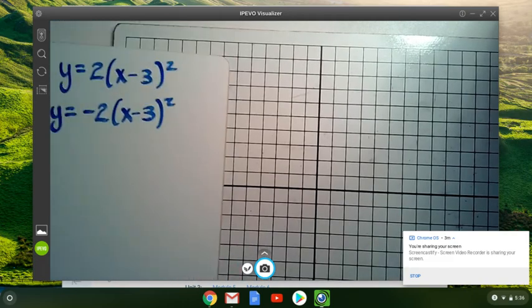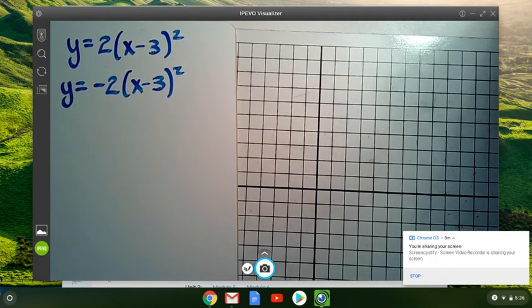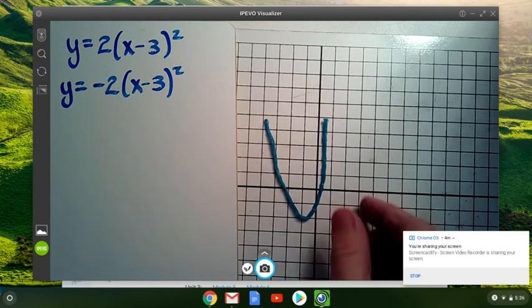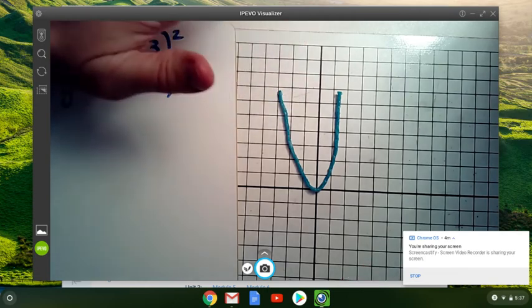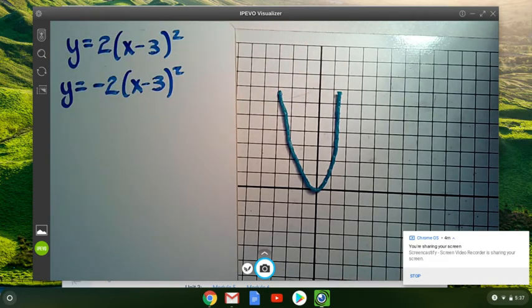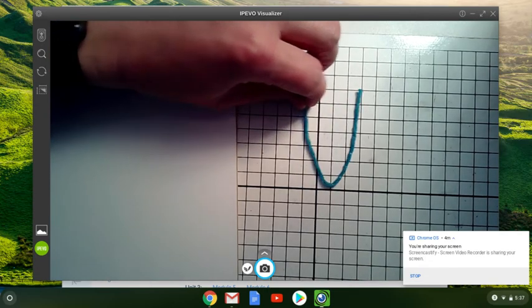Let's take a look also at a graph that has been moved a little bit. So if we look at this one, y equals 2 times x minus 3 squared, and y equals negative 2 times x minus 3 squared. So that minus 3 is going to shift it, either left or right. Do you remember which one? You got it, I think. To the right 3.